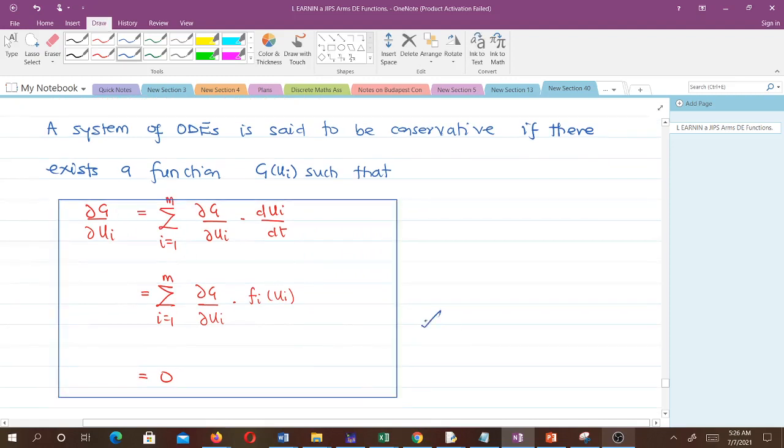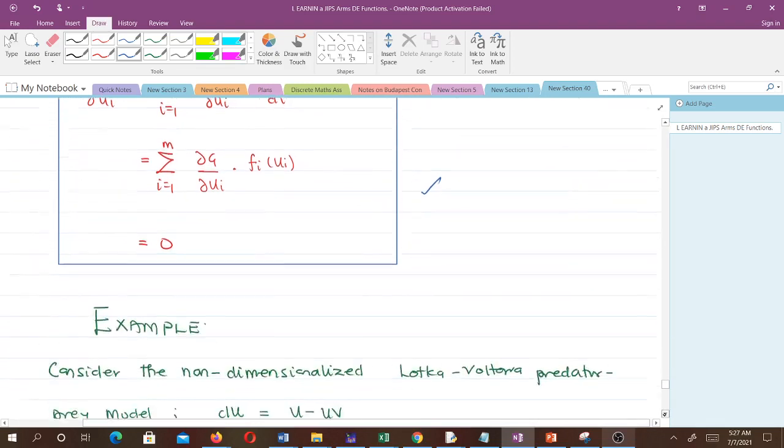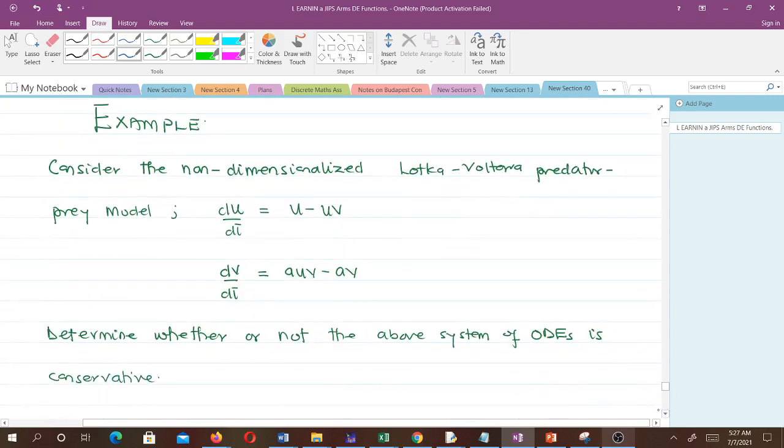If this holds, then we say that the system of ODEs is a conservative system. We are going to give you an example to explain what we are talking about. So let's take an example here.